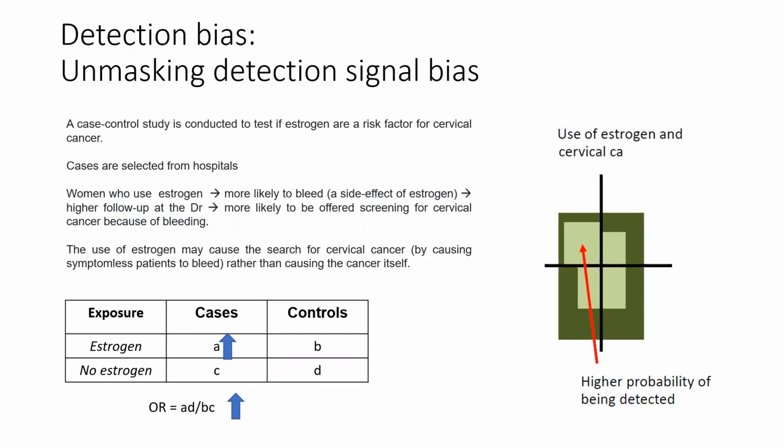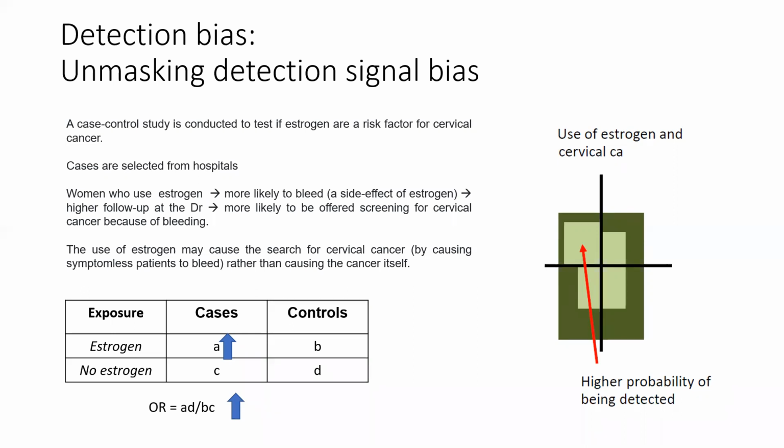So that is one subgroup of the detection bias, when the exposure would cause a symptom that would increase the detection of your outcome. But in this case, it doesn't mean that this exposure is the cause of the outcome. It just caused a symptom that would increase the likelihood of you going and doing some screening and being detected as having cervical cancer. Is it clear?